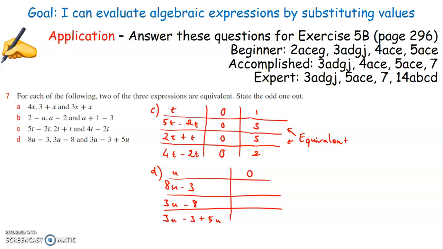So 8 times 0, that's 0, minus 3. 0 minus 3 is negative 3. 3 times 0 is 0, minus 8 is negative 8. Yep, these two are definitely not equivalent. 3 times 0 is 0, minus 3, this gives you negative 3, plus 5 times 0, 5 times 0 is 0, negative 3 plus 0 is negative 3. So the first and the third are equivalent.